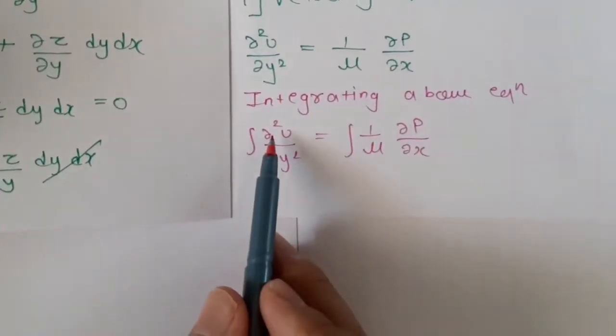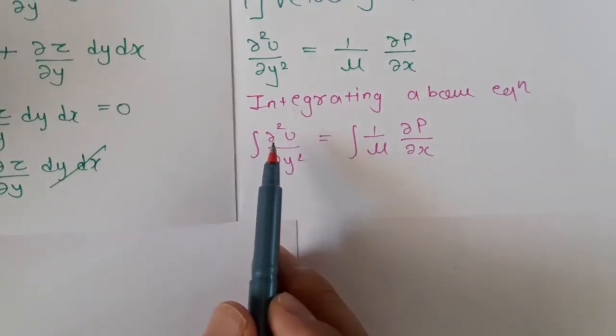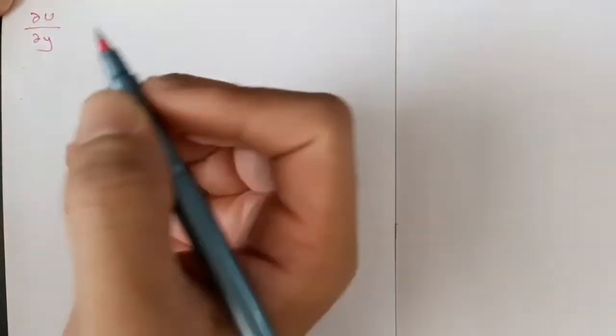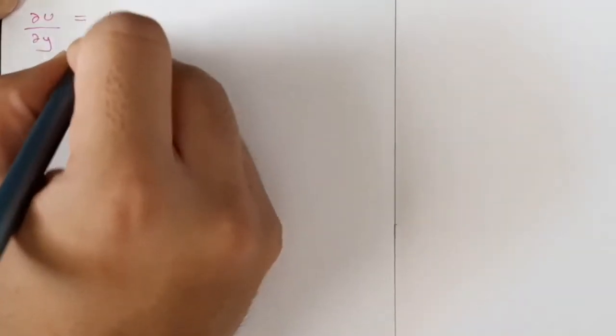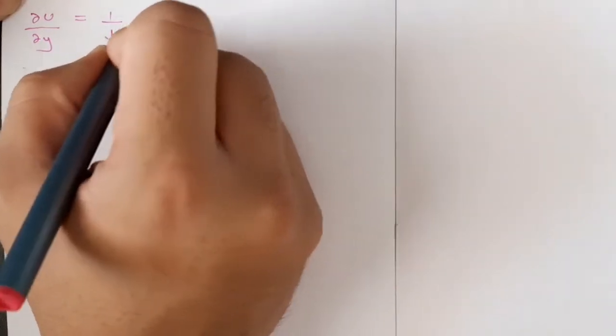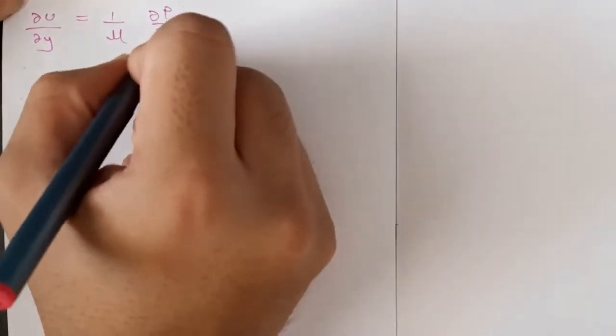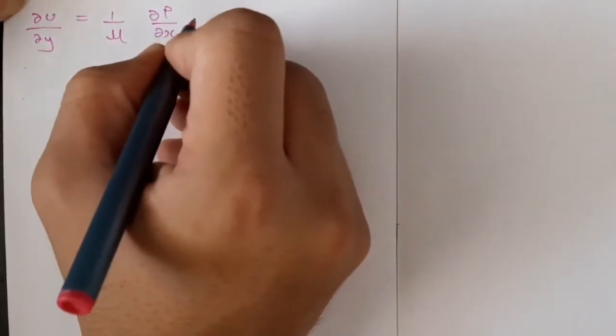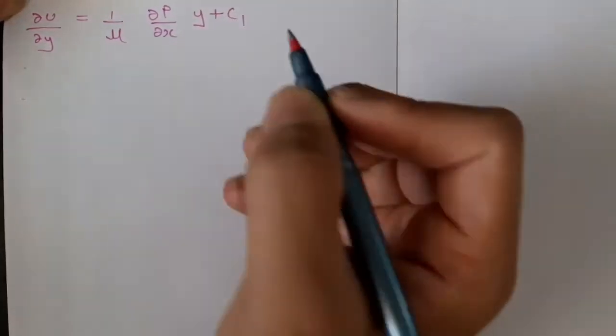This is the integration of a second order derivative, so by integrating it we get the first order derivative, ∂u/∂y. As 1/μ is constant and ∂P/∂x is constant, taking them out of the integration we get ∂u/∂y equals 1/μ ∂P/∂x into y plus c1.